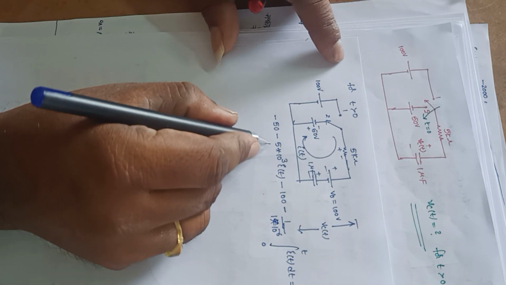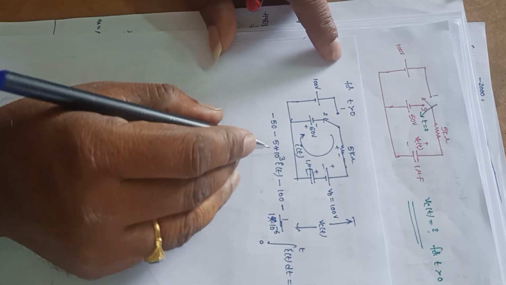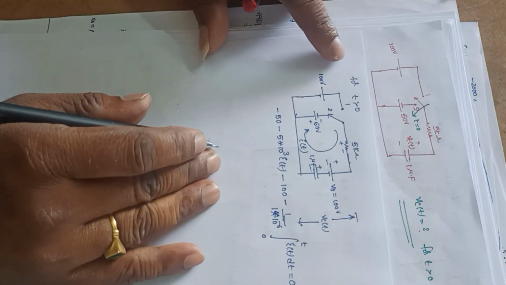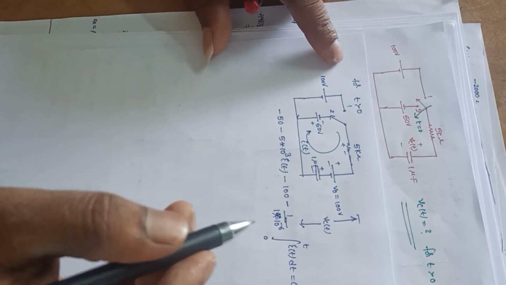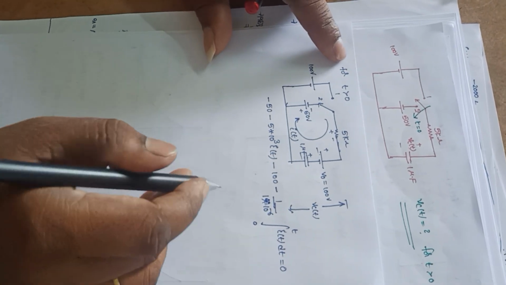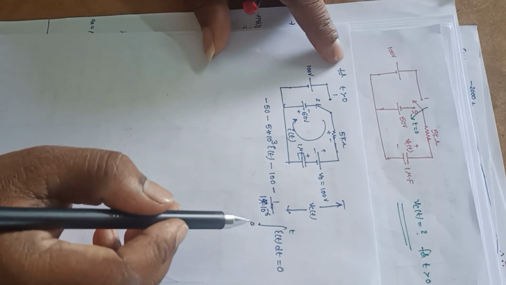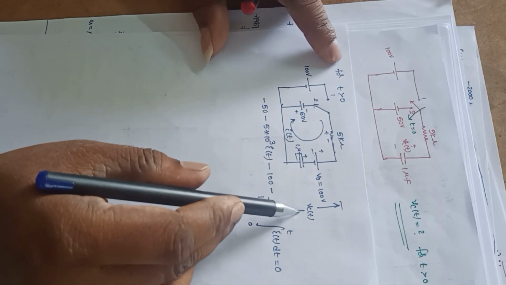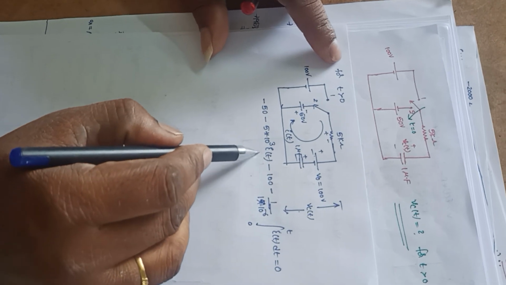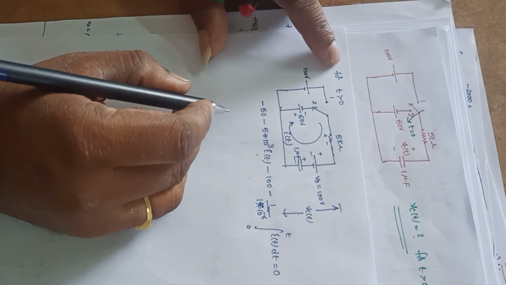Now what I need to find here is actually this Vc of t. If I am able to find this I of t, then I can find this Vc of t is equal to 1 by C into integral 0 to t of I of t. I can find this Vc of t if I know the expression I of t. So we try to find this I of t here.